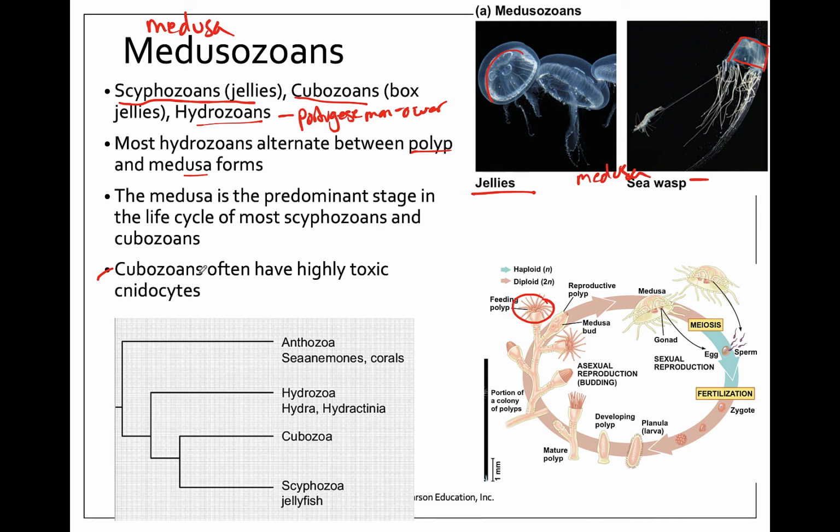The sea wasp, for example, can cause respiratory failure and cardiac arrest within minutes by the poison that it produces and spreads throughout the body. Many jellyfish are often bioluminescent, so they would have associations with maybe some bioluminescent bacteria or algae to allow them to kind of light up underwater.